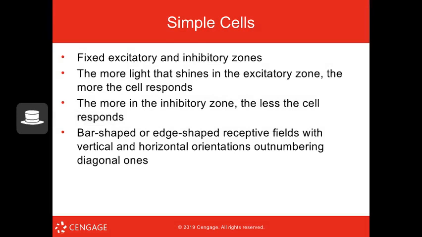The more light that shines in the excitatory zone, as you might imagine, the more the cell will respond. The more in the inhibitory zone, interestingly enough, the less the cell responds. So they have bar-shaped or edge-shaped receptive fields with vertical and horizontal orientations that outnumber diagonal ones. So they're more responsive to light that looks like that, right?